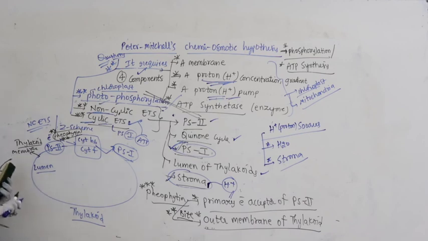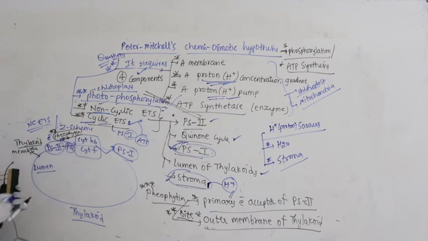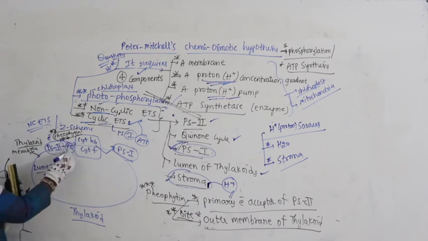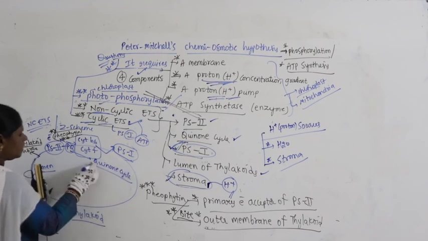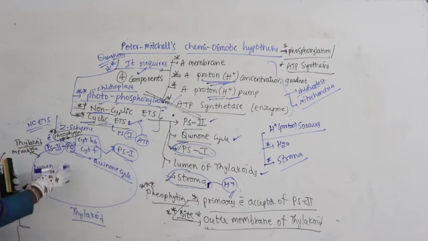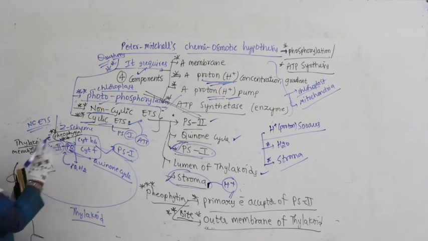Then it enters into plastoquinone. What occurs here is called the quinone cycle. I will use a red marker to show very clearly how the phenomenon occurs in the next class. It gets operated with the quinone cycle.